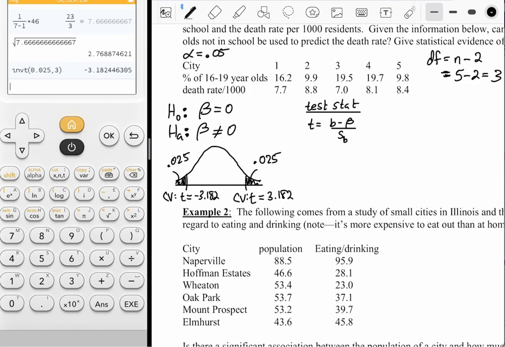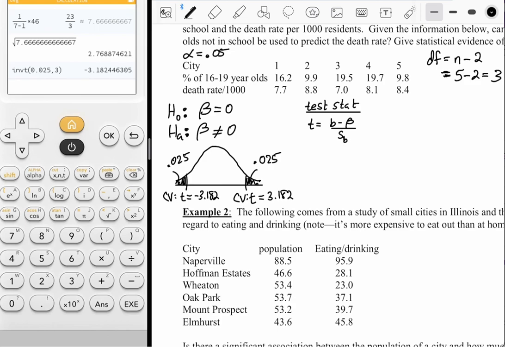So at the bottom of the back side of the first page, it tells you what the point estimate is, the population parameter, beta, and then the standard error. They define S sub b as S over the standard deviation of the x variable divided by n minus 1. But then they define S to represent something even more convoluted, right? So for our purposes, we can just go to the calculator, kind of like the chi-square, and get what we need from there, all right?